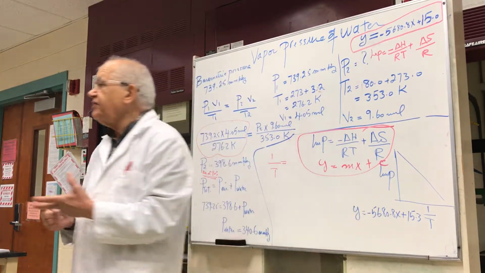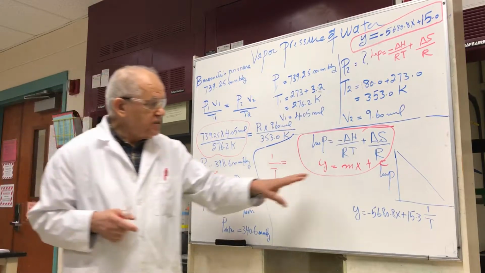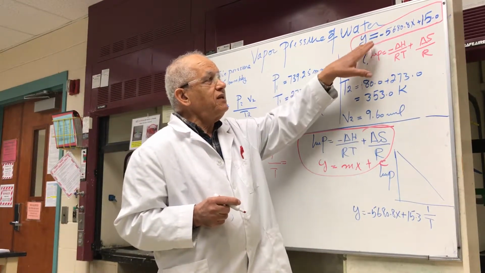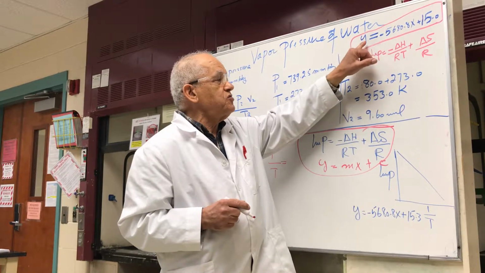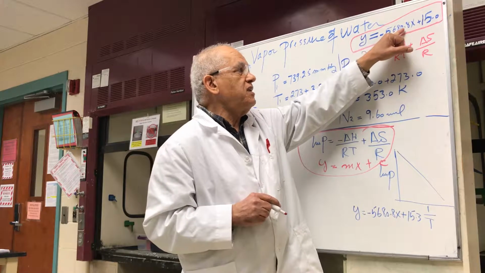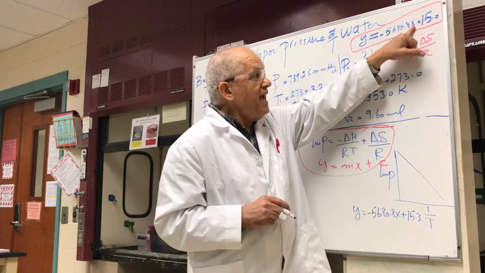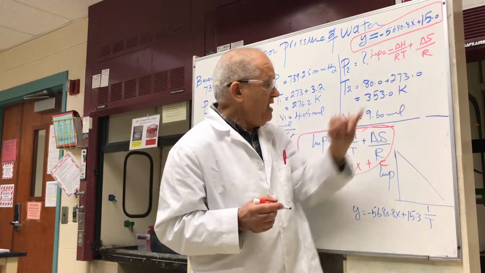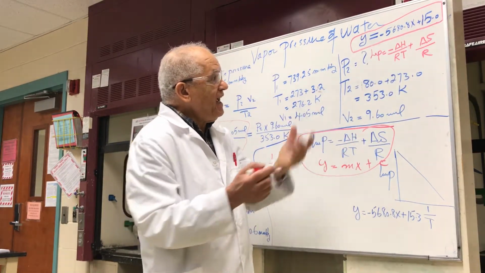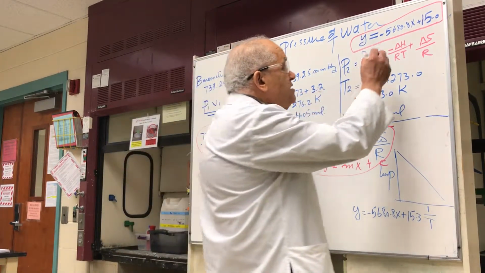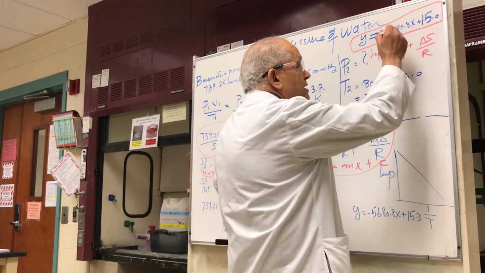Now, to solve the problem, once you get your linear equation, it would be something similar to this. Your y equals minus 5,680.8 x plus 15.0, for example. To find delta H, you have to look at this linear equation and ask what's the slope here?